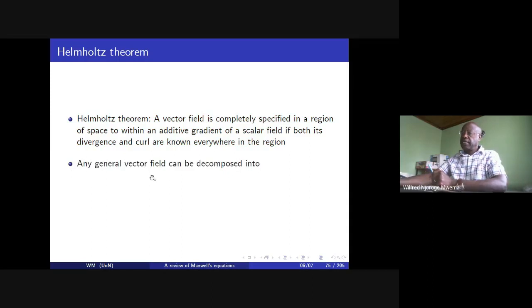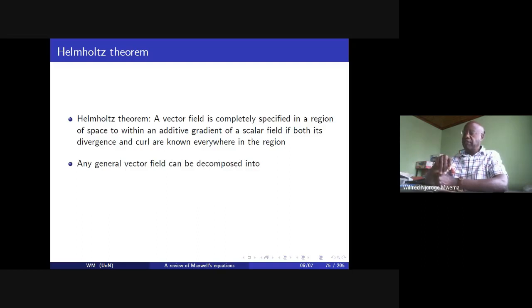So for example, for the electric field, we have seen that the curl of E is equal to the negative time derivative of the magnetic flux density. And we have seen that the divergence of D, or the divergence of epsilon multiplied by E, is given by the free volume charge density, divided by epsilon, the electric permittivity. And therefore, E is specified within that region we are dealing with.